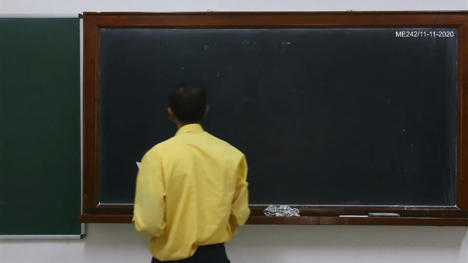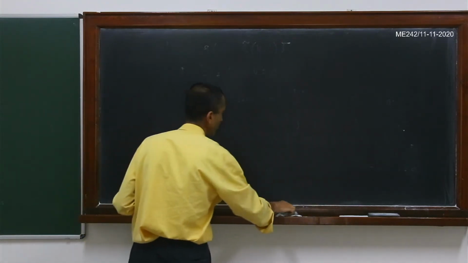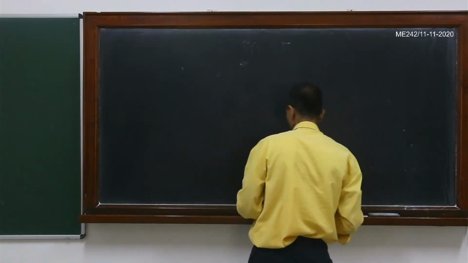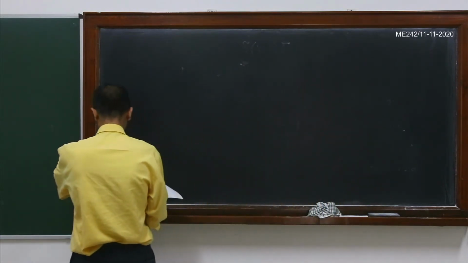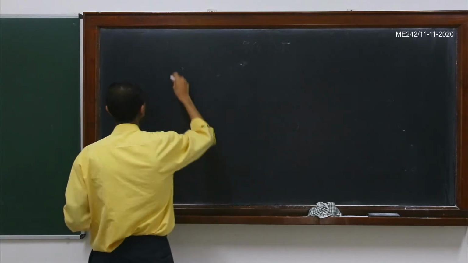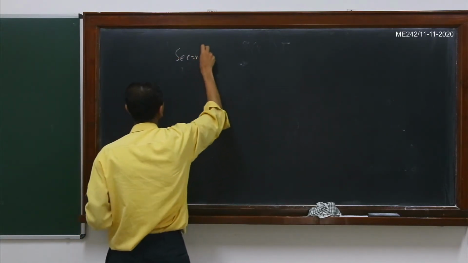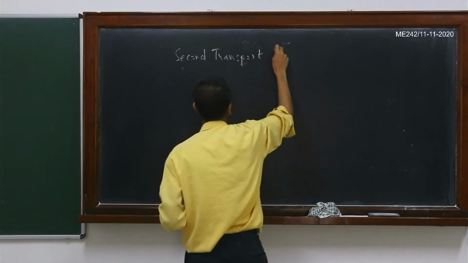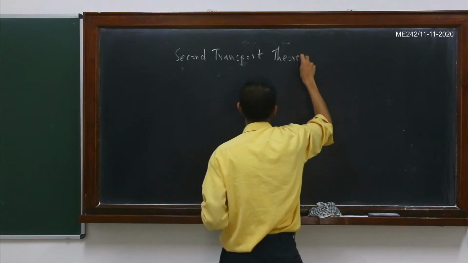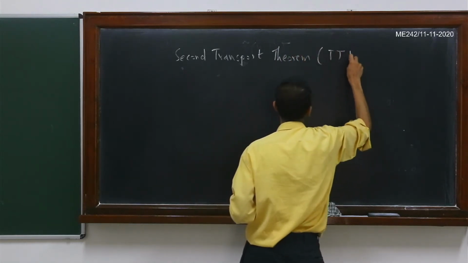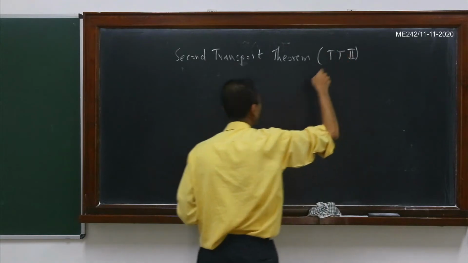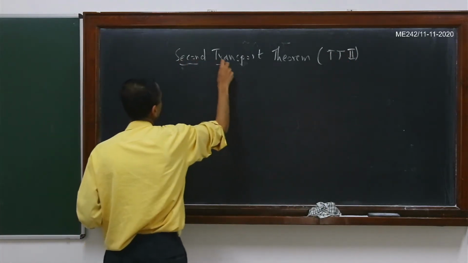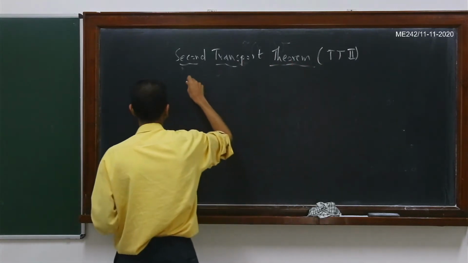So let's write that here, second. I will abbreviate this as TT2. TT1 was transport theorem 1, and this is transport theorem 2.